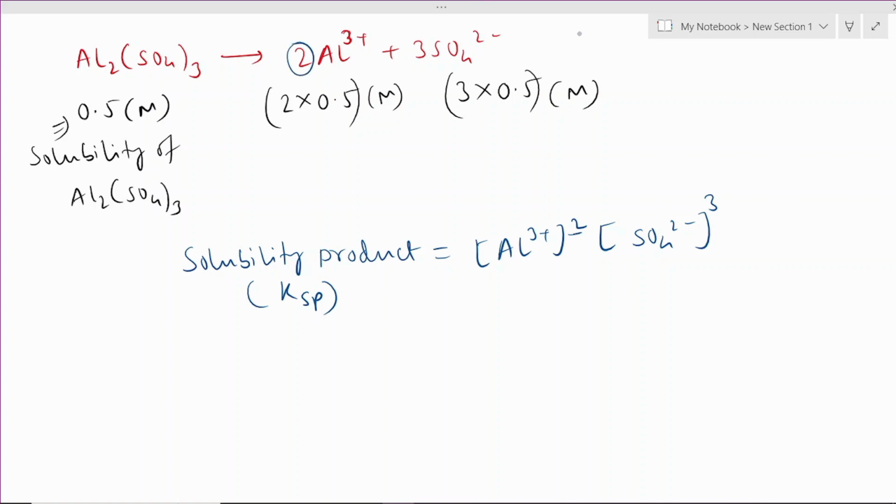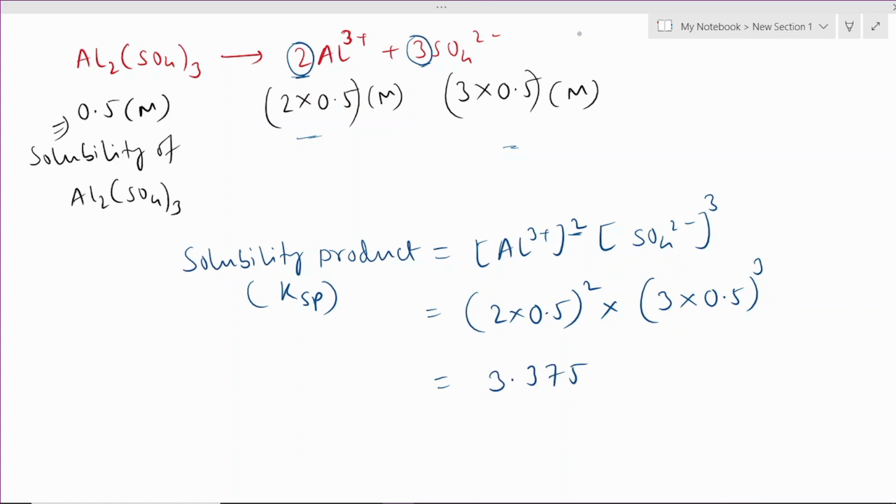So here 2 equivalents of aluminum are there, so we take 2 as the power of the concentration of Al3+, and 3 equivalents of sulfate ion are there, so we take 3 as the power of sulfate ion. So simply put the values: 2 into 0.5 squared into 3 into 0.5 cubed. So you get 3.375.